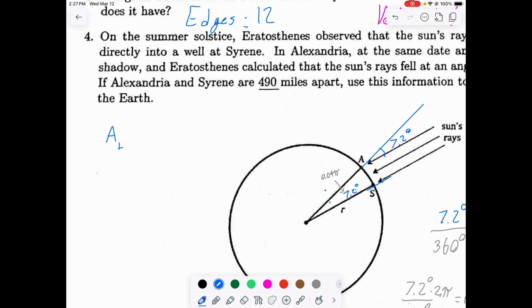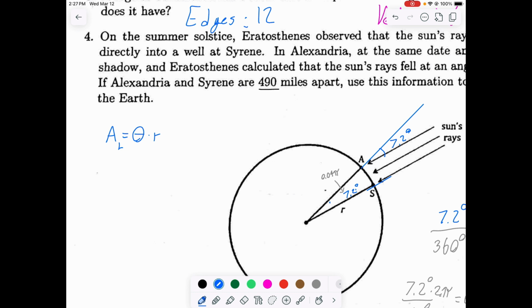I put A with an L in the subscript. In degrees, arc length is a long calculation, but in radians, it's a real easy calculation. It is the angle in radians multiplied by the radius.